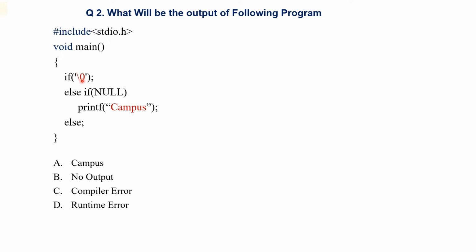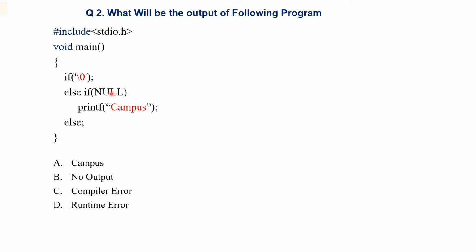As this expression is false, control will be transferred after the else, and the next expression after if will be evaluated. Here in the brackets there is NULL, which is actually a macro constant defined in stdio.h, and this macro also returns the value 0, and hence it will be considered false.